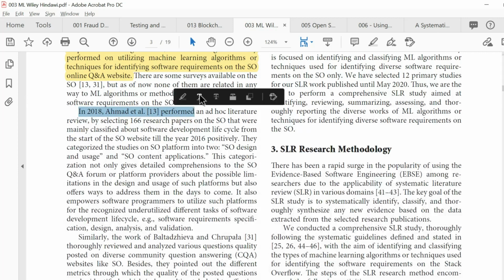In 2018, Ahmed et al. performed an ad hoc literature review by selecting 166 papers that were mainly classified about software development lifecycle from the start of the website till the year 2016.